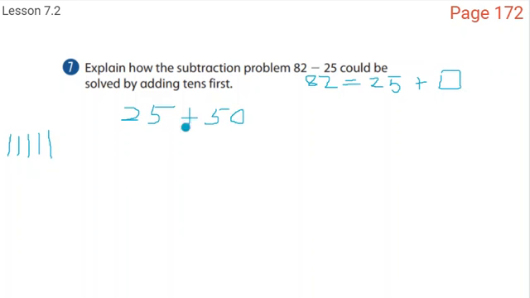Okay. And 25 plus 50, that's 75. Now, how many ones do you have to get to 80? 25 plus 50, okay, that's 75 plus 5. Okay, and then, but we have 82. Let's add 2 more. Plus 2 equals 82.